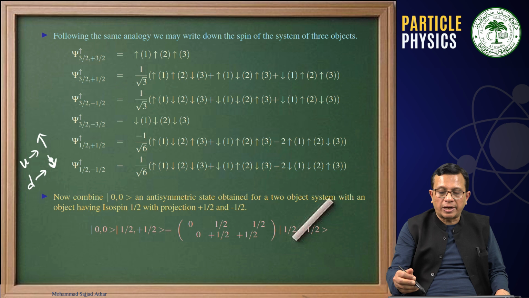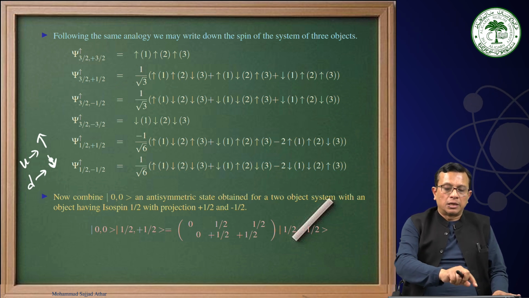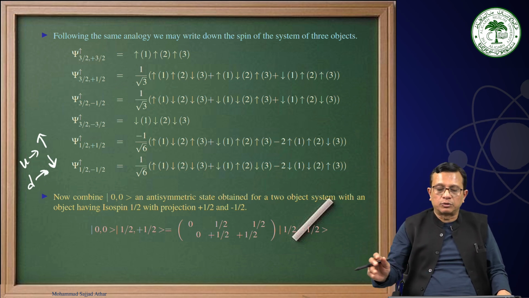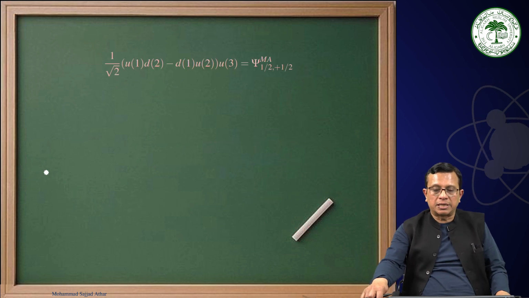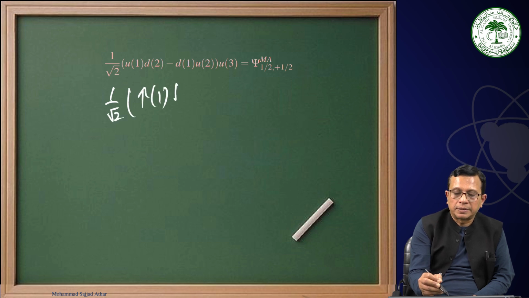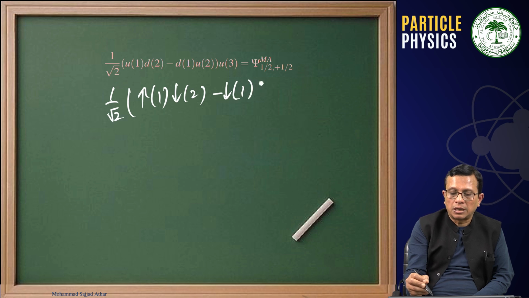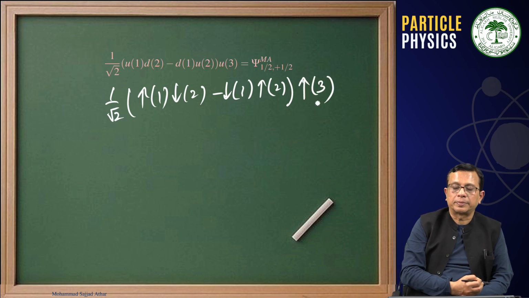That is why I have tabulated it here: if you talk about combining the spins of the particles, you replace u with a spin up state and d with a spin down state. That means here it will be 1 by root 2 (up down minus down up), and then up for the third.